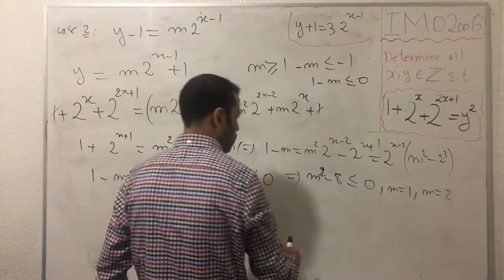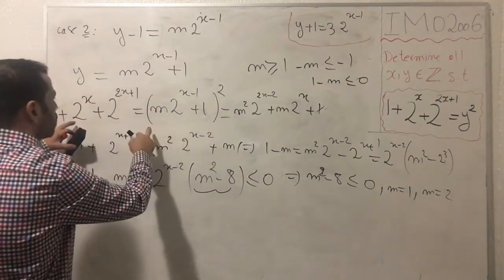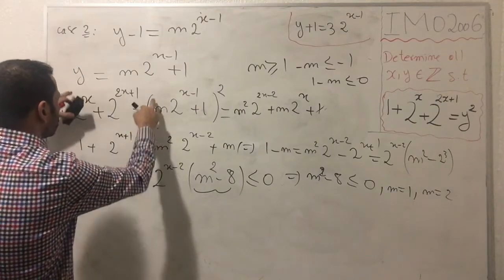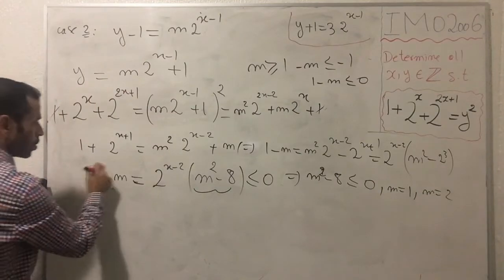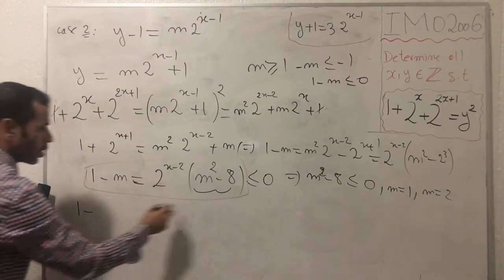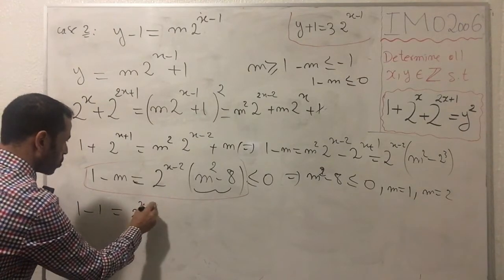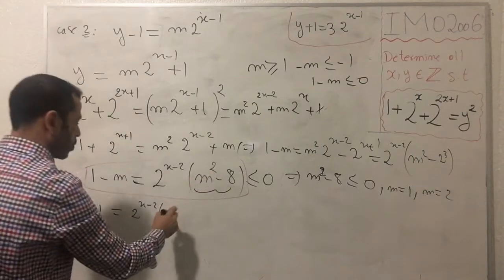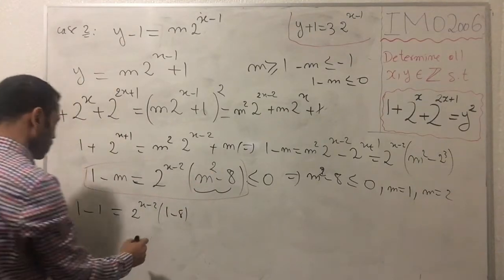You have two choices. I'm going to insert these solutions into my original expression to see if this equation has a solution or not. Okay, this is the original equation. So 1 minus 1 equal to 0, equal to 2 to the x minus 2, m squared 1 minus 8, so 1 minus 8 is minus 7.